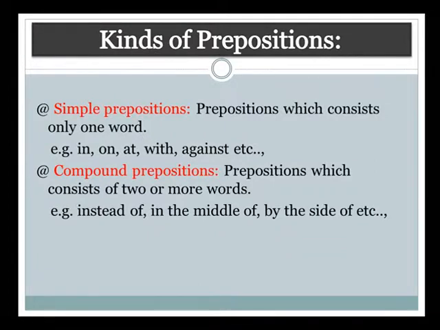Compound prepositions, on the other hand, are the prepositions which consist of two or more words. Examples are instead of, in the middle of, by the side of, by the end of, etc. So we can say simple prepositions consist of only one word, while compound prepositions consist of two or more words.